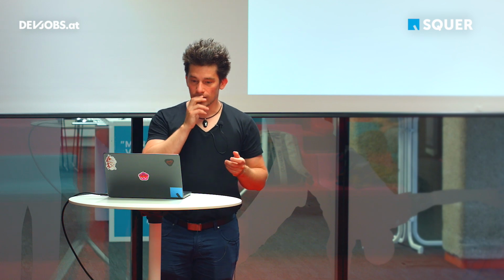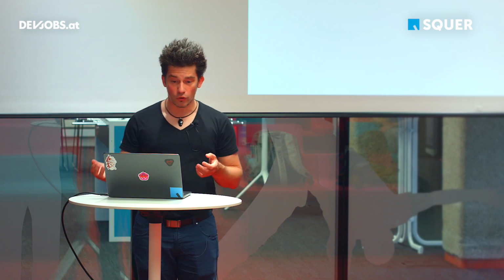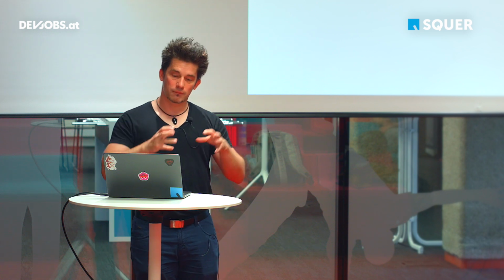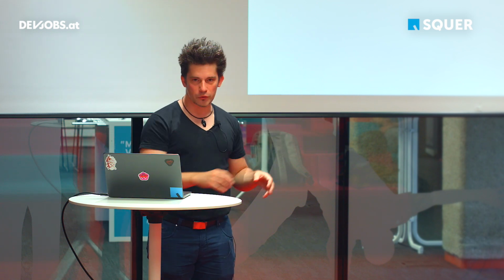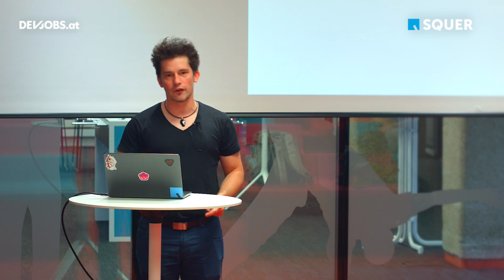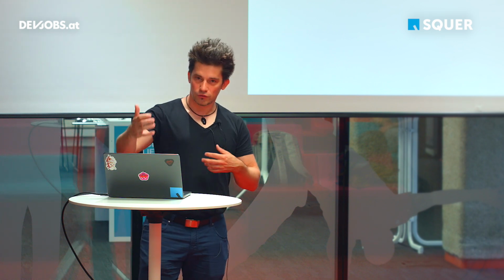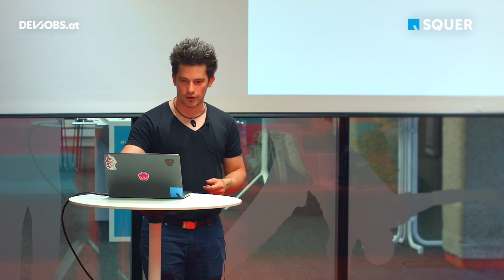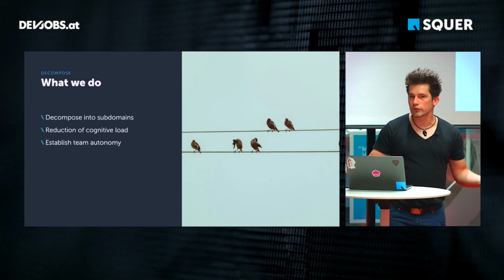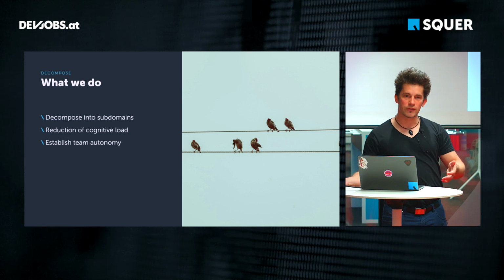And with the decomposition comes also team autonomy, because you can really say, okay, you are responsible for this area, you are responsible for this area. I think it happens in every kitchen or every restaurant that you have team responsibilities for those sections. Why shouldn't it happen also in development, business areas, and so on?